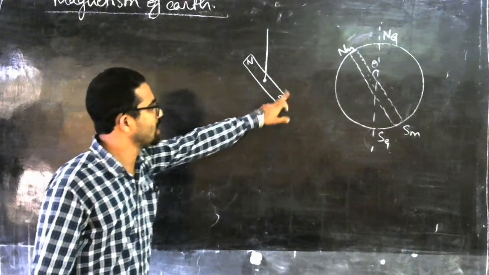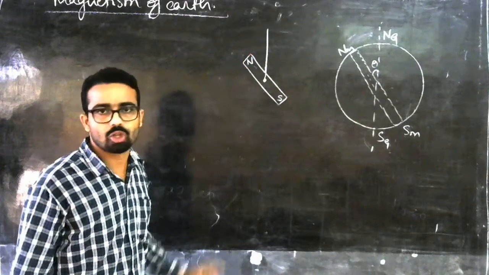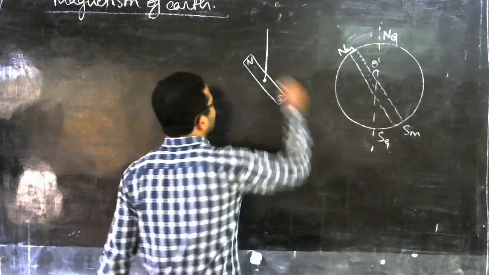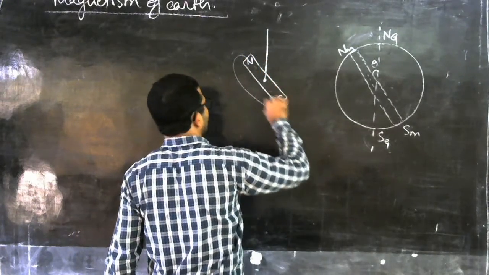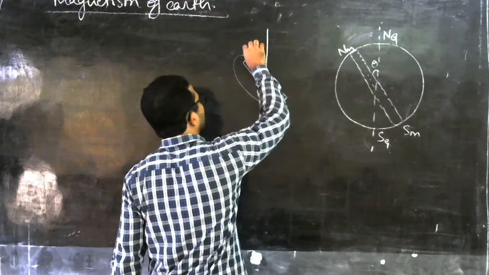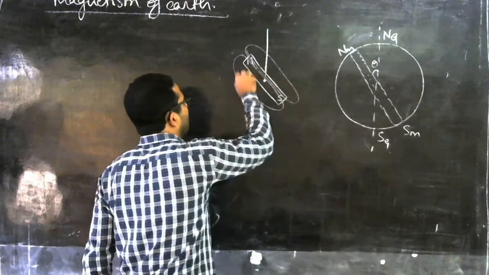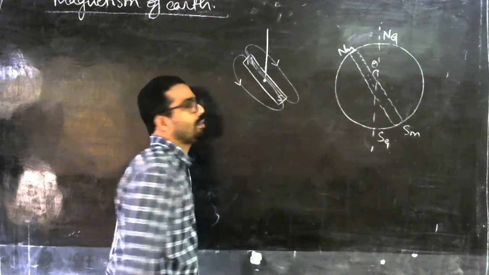Sorry, this is the south pole, and this is the north pole. And we know the direction of magnetic field lines is from north to south, forming closed loops. This is the direction of the magnetic field of a bar magnet.